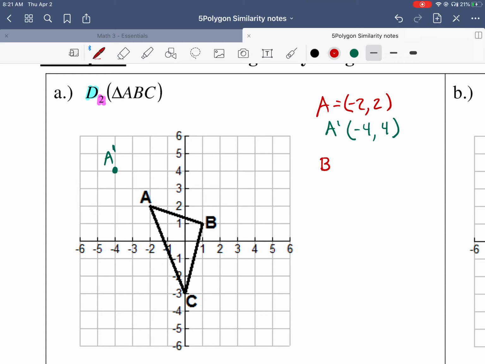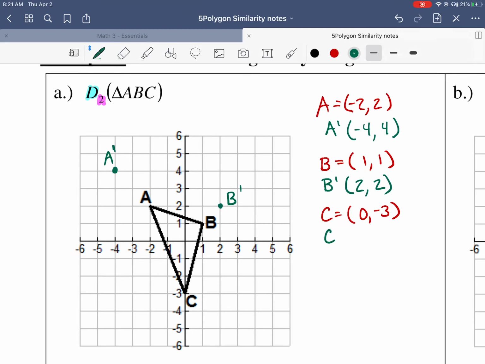Okay. B originally is at 1, 1. We're using the same scale factor, so we're going to multiply it by 2. 1 times 2 is 2. 1 times 2 is 2. So my new B value is at 2, 2. All right. And then C is at 0, -3.